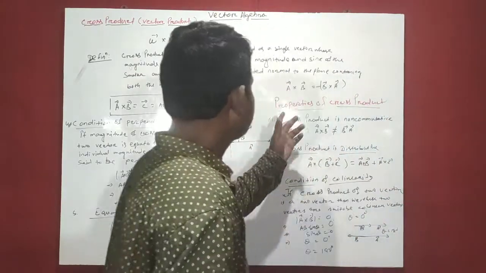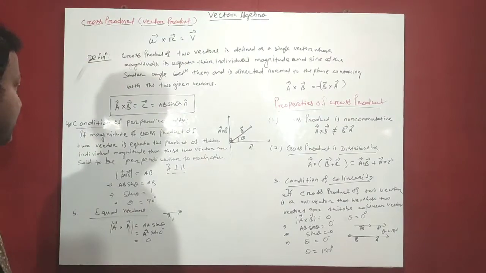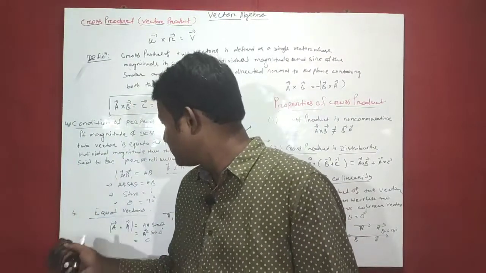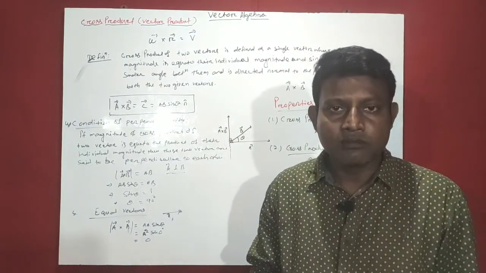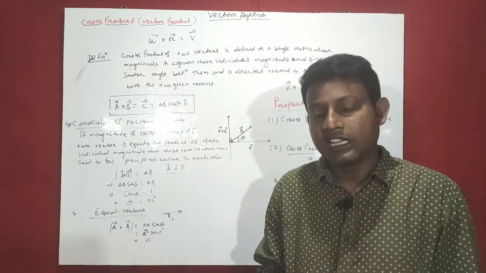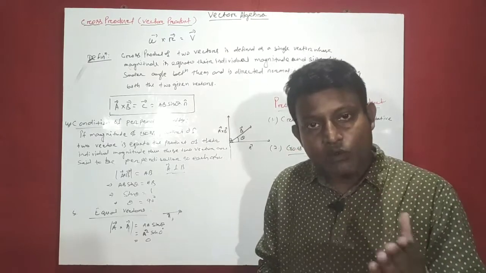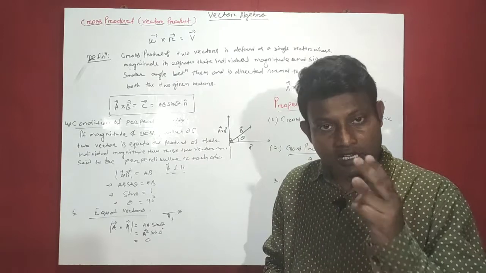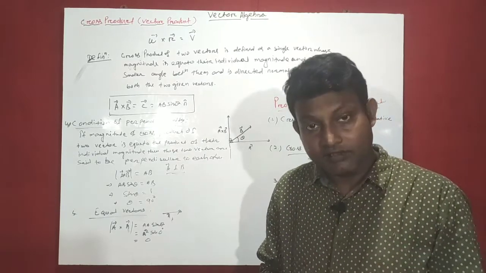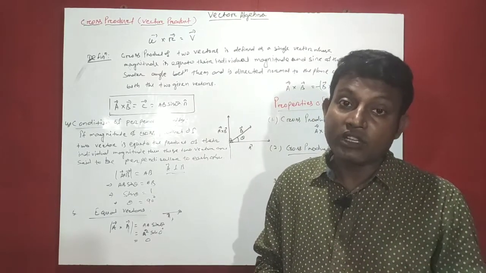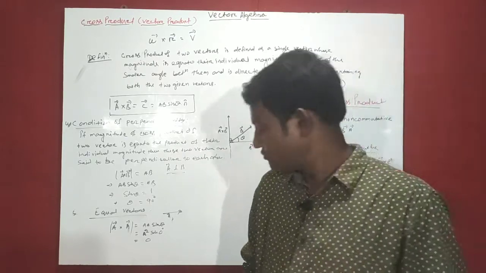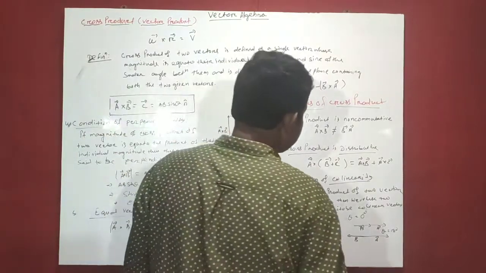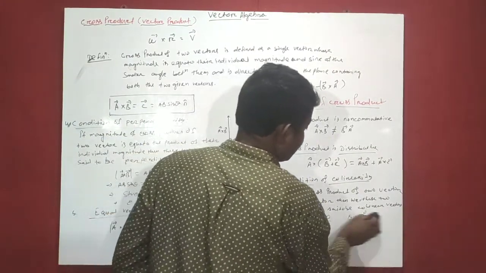So these are the conditions of collinearity and perpendicularity, but it is not a condition of equality. Every equal vector is collinear, but every collinear vector is not an equal vector.